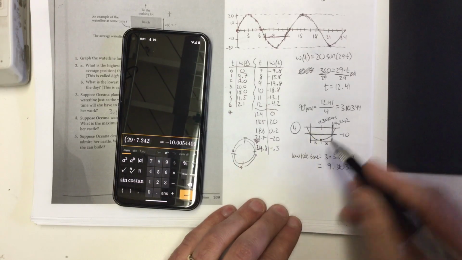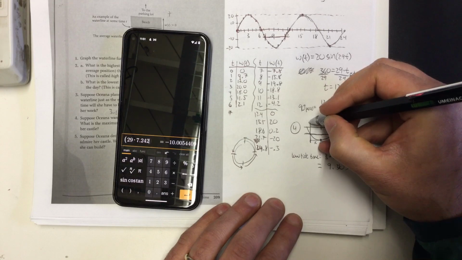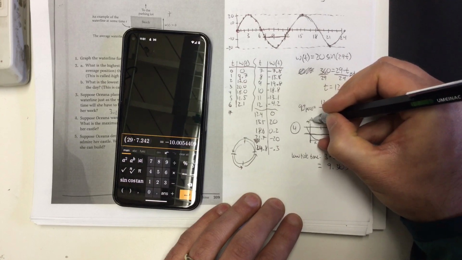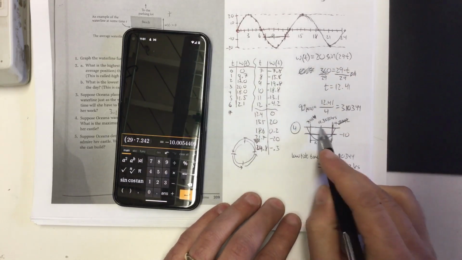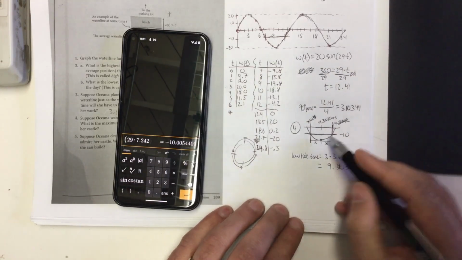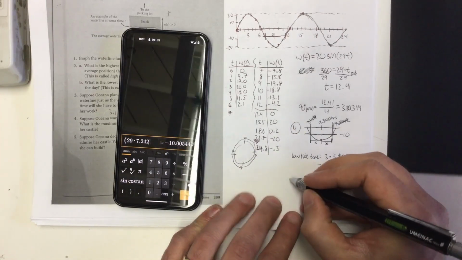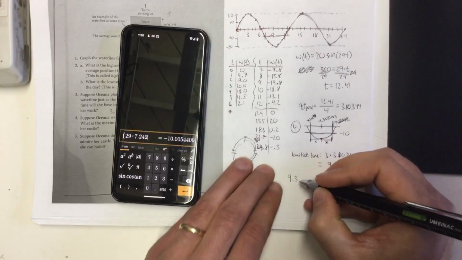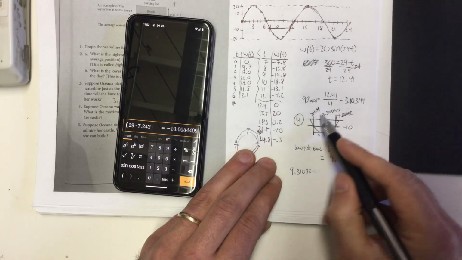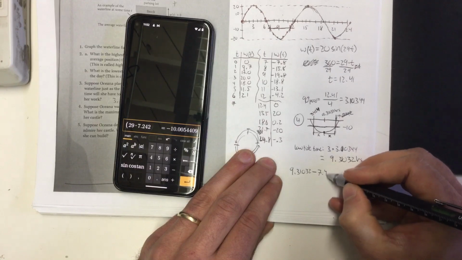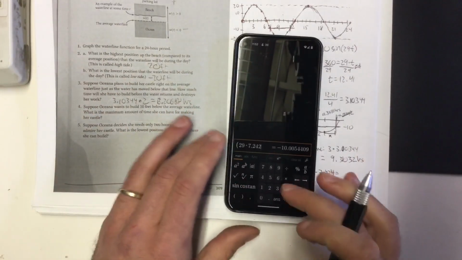Actually, this number is supposed to be on this side. That's right here, 7.424. Okay, so what is that distance? What we can do is just take this time and subtract that time. So the distance is going to be 9.31032 minus 7.424. And let's see what that is.